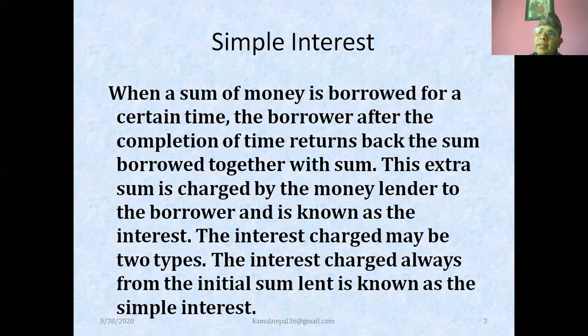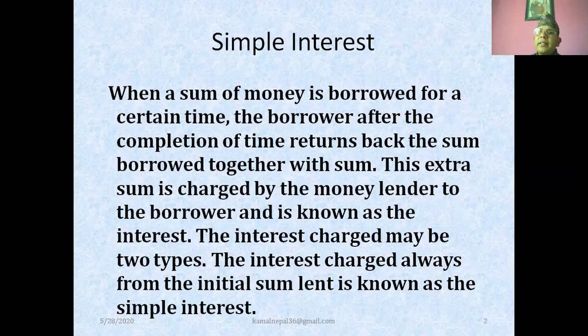Suppose your sum is rupees 100 and time is 1 year, then after that you should return not only 100, you should add extra money also. This extra sum is charged by a money lender to the borrower and is known as interest. That extra sum is called interest. It is for 1 year and it is for a certain rate.